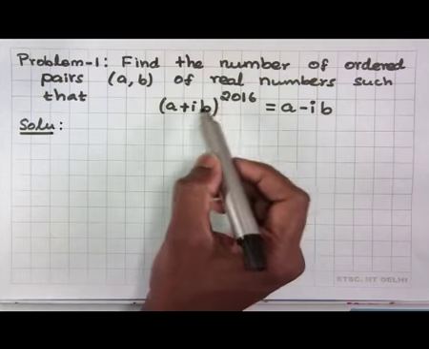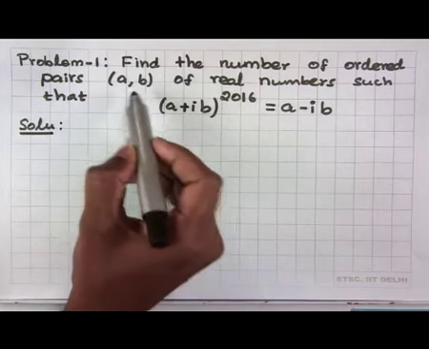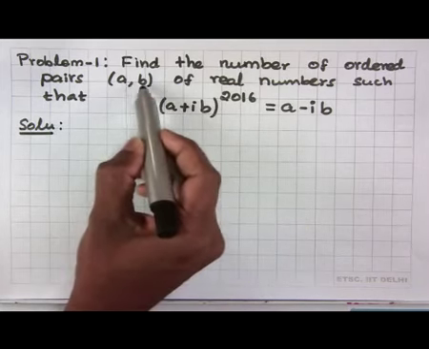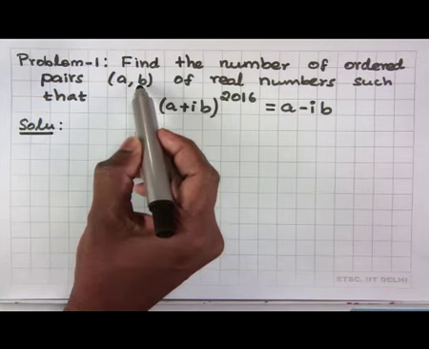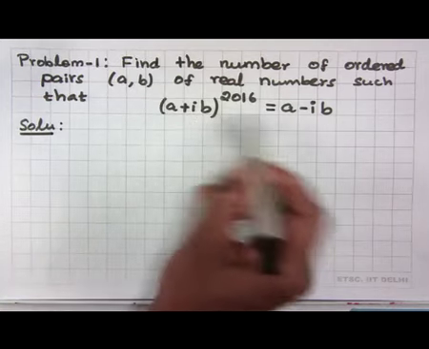So, we are asked to find possible a comma b real numbers such that it satisfies this equation.